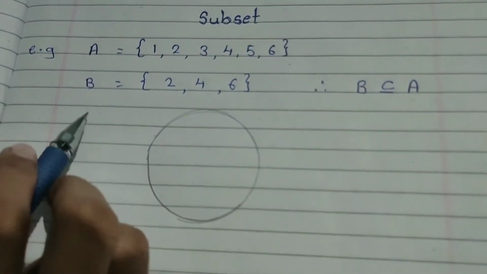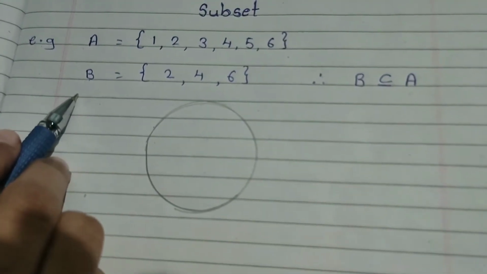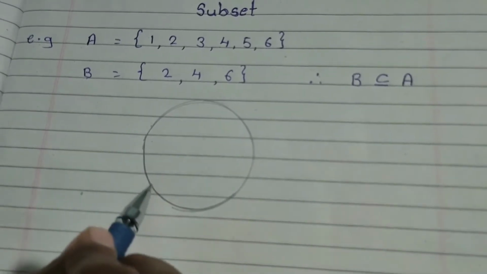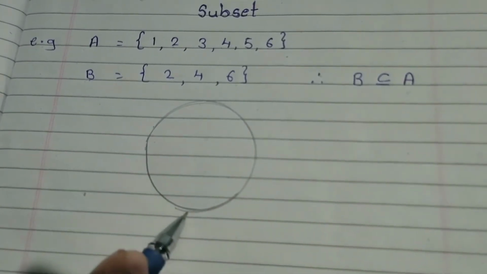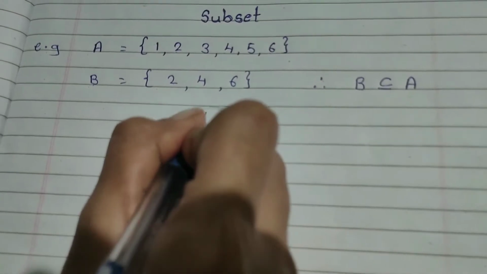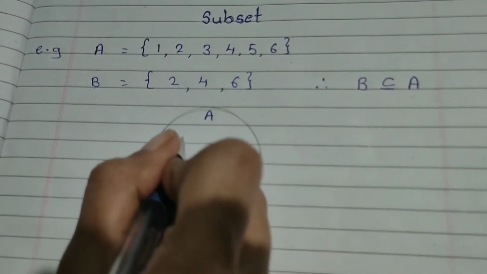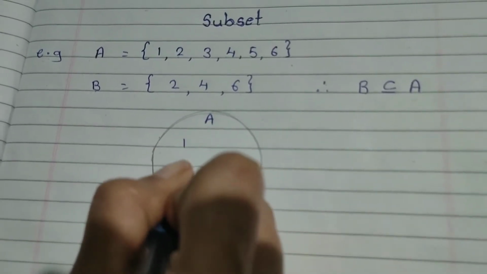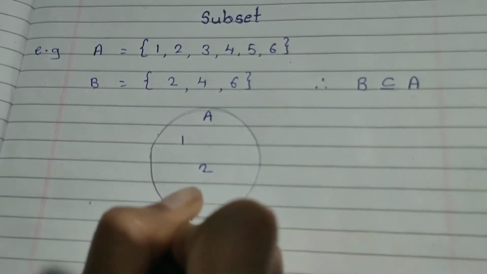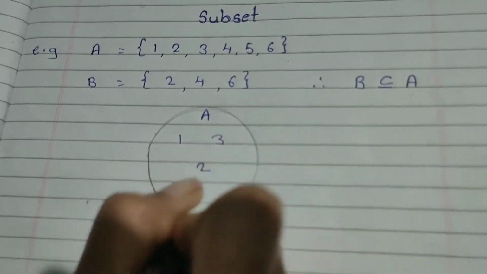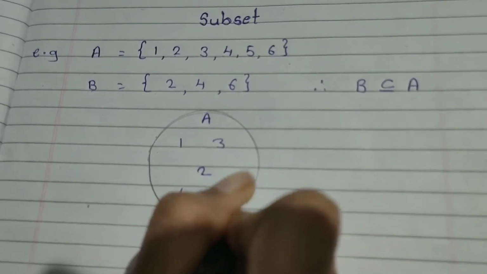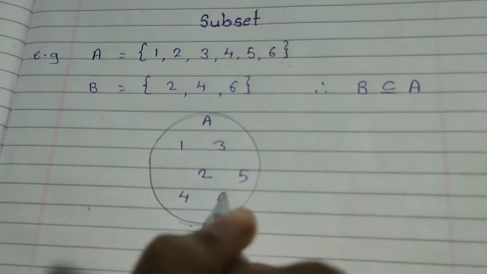Let's see how to represent it through Venn diagram. Here I have drawn one circle which represents set A. A consists of elements like 1, 2, 3, 4, 5, 6.